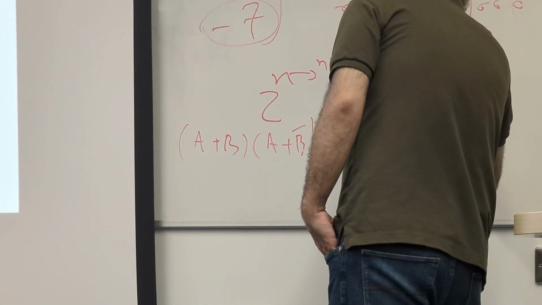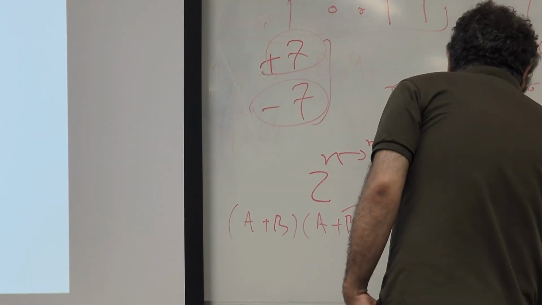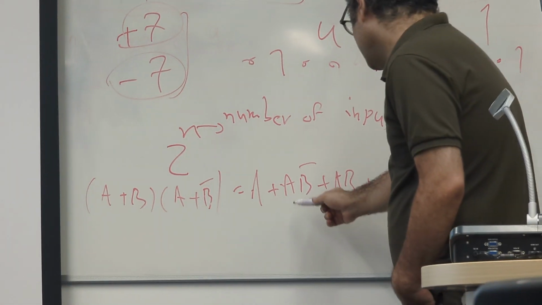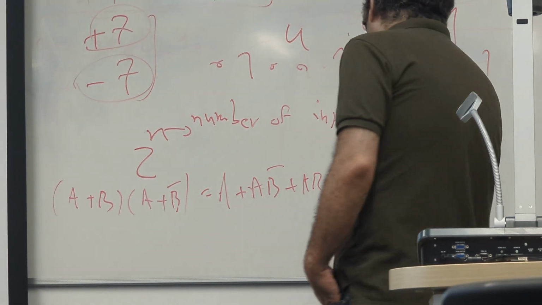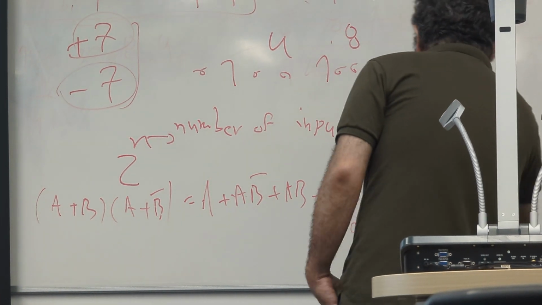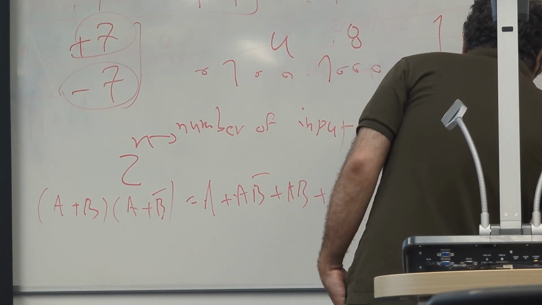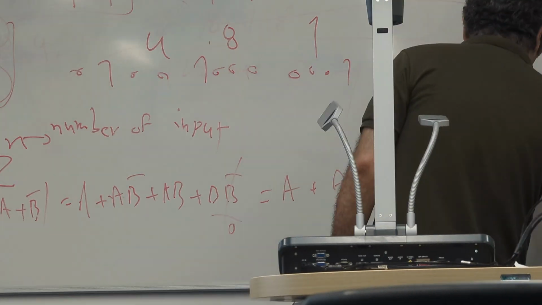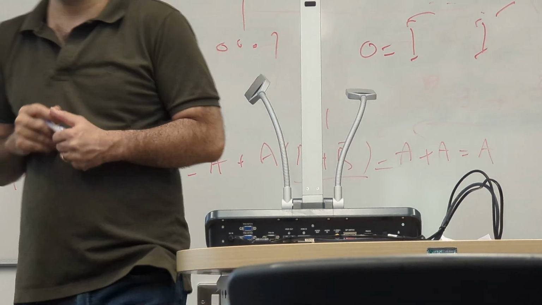Then B, AB, then B naught. B times B naught would be 0. Then A, B naught, then we have these three values. Then it would be A plus A, B plus B naught. It would be 1. Then it would be A plus A, it would be A. You see? You can extend and find it.